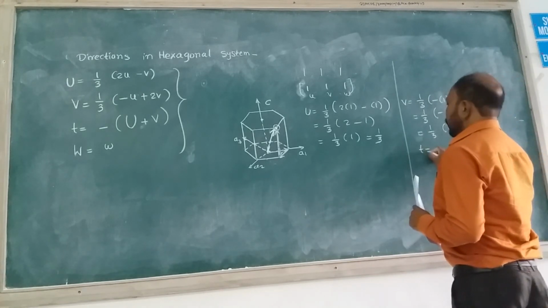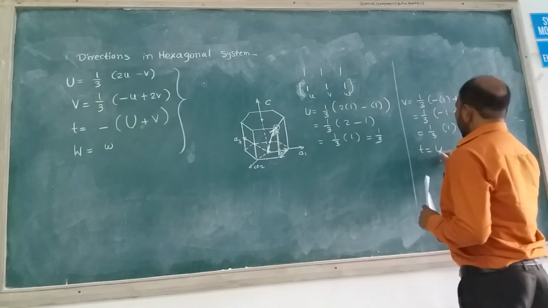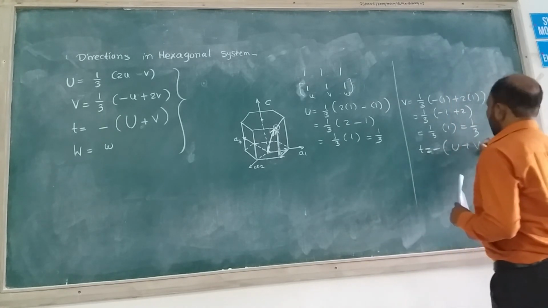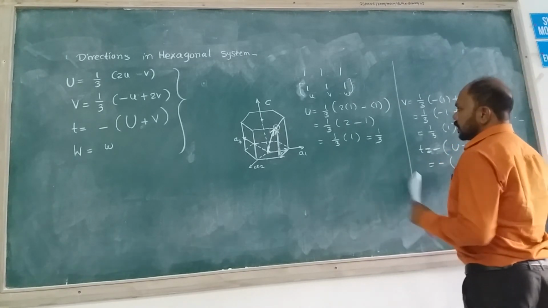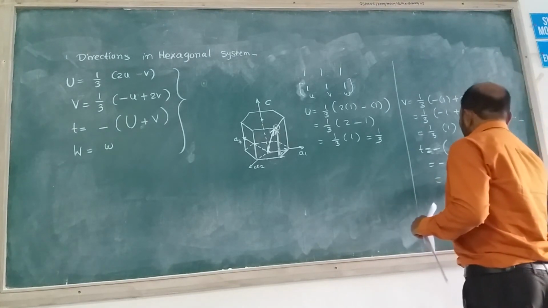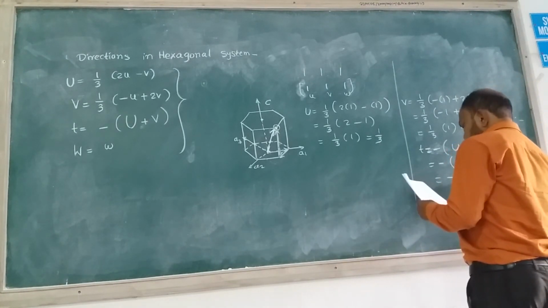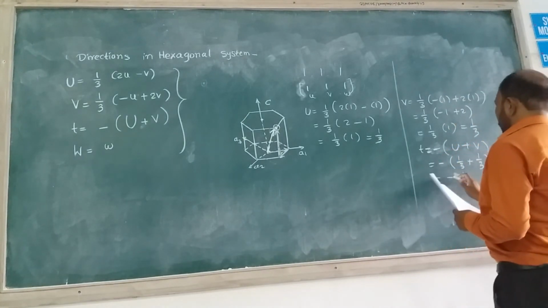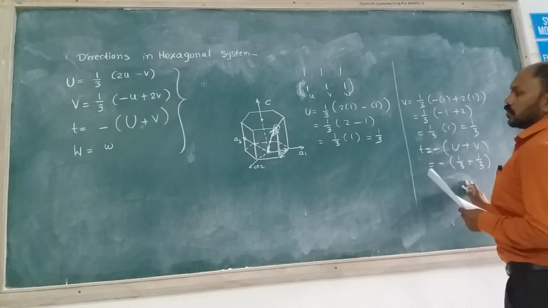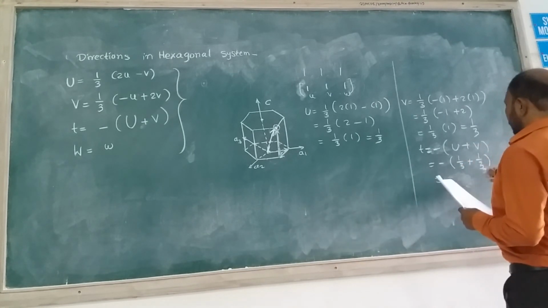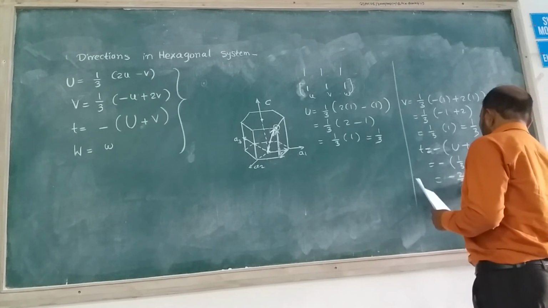And if we consider T, T is equal to minus (U plus V), which is equal to minus (1 upon 3 plus 1 upon 3), so minus 2 upon 3.